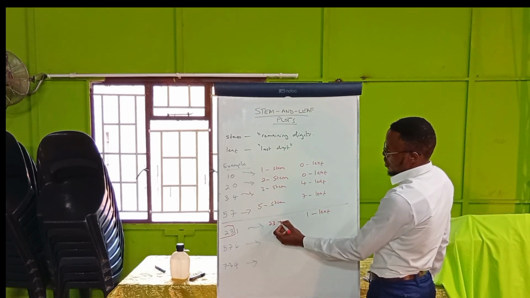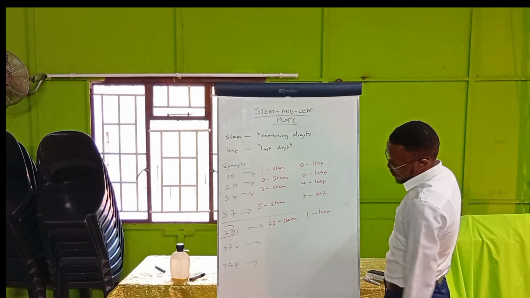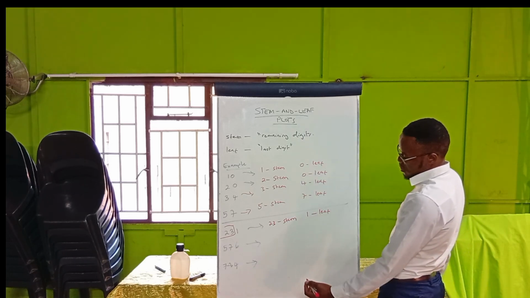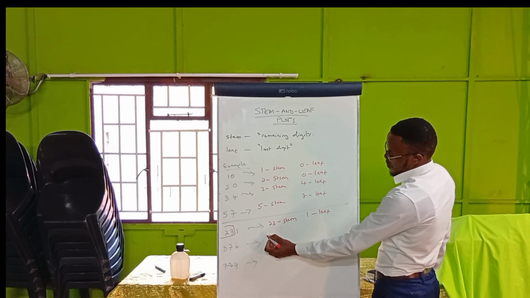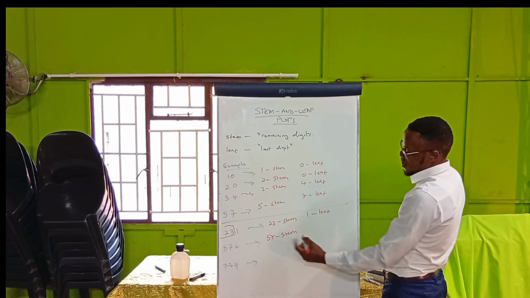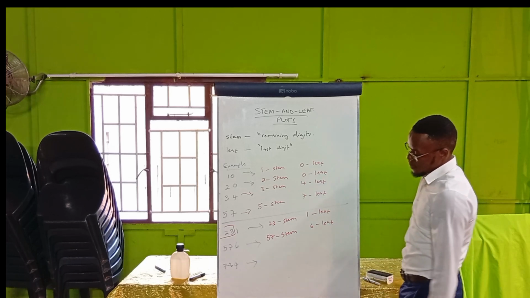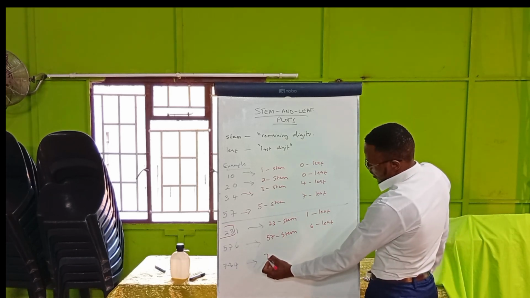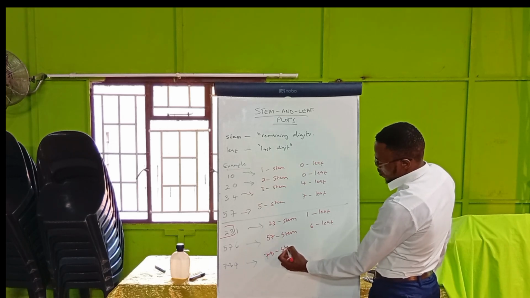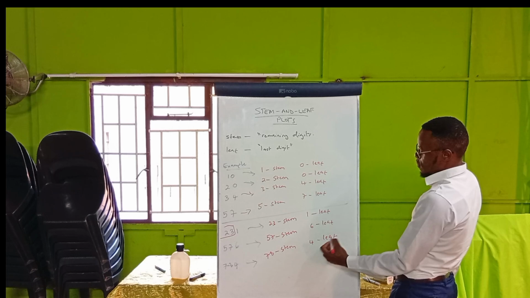In 576, the stem is 57 and the leaf is 6. Lastly, in 784, 78 is the stem, and 4 is the leaf.